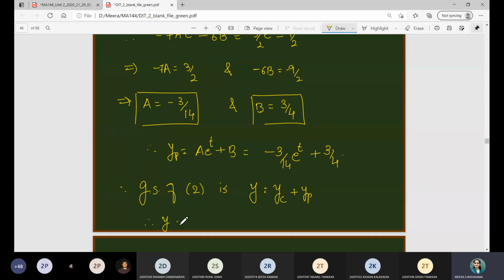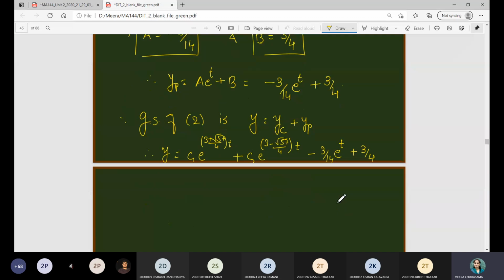So y is equal to c1 e raised to (3 plus square root of 57)/4 t plus c2 e raised to (3 minus square root of 57)/4 t minus 3 by 14 e raised to t plus 3 by 4. Is it clear over here? Example is finished? No, ma'am, you have to replace t.